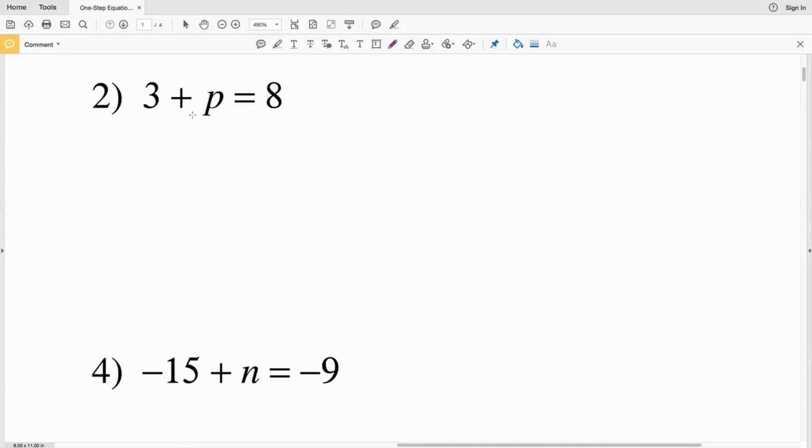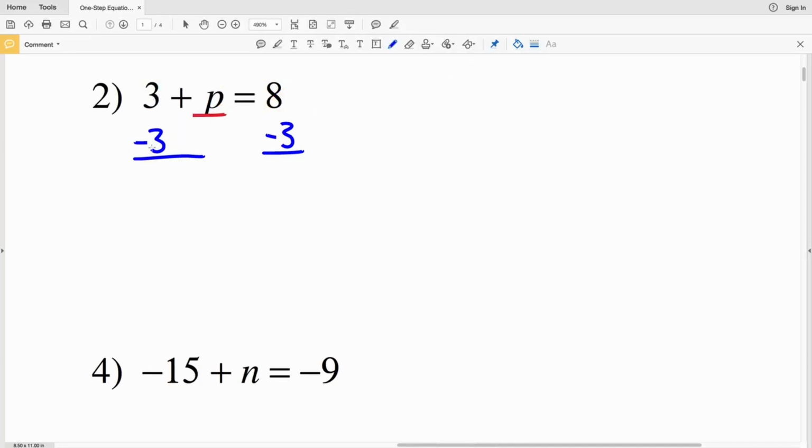In number 2, our variable is p, so we have to solve for p. 3 is added to p, and that is equal to 8. We need to subtract the 3 to get the p by itself. And whatever we do to the left, we know that we must also do to the right. If we're subtracting 3 from the quantity 3 plus p, which is equal to 8, if we're taking away that 3, we must also take away the 3 from the 8.